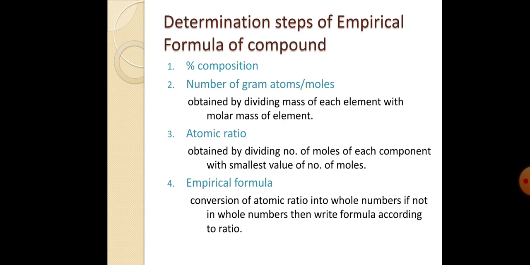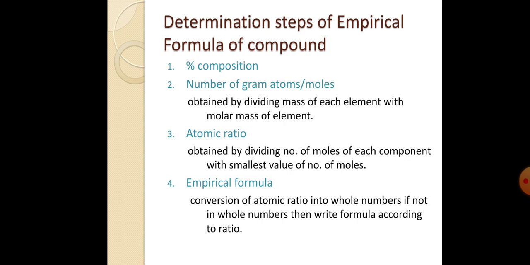After calculation of the number of moles, the next step is to calculate the atomic ratio. And to calculate atomic ratio, divide the number of moles of each component by the smallest value of number of moles present in the molecule. After that, write the empirical formula according to the atomic ratio if the atomic ratio is a whole number.